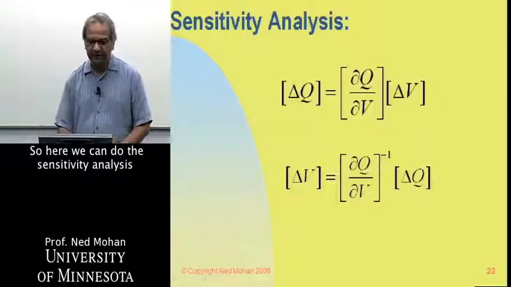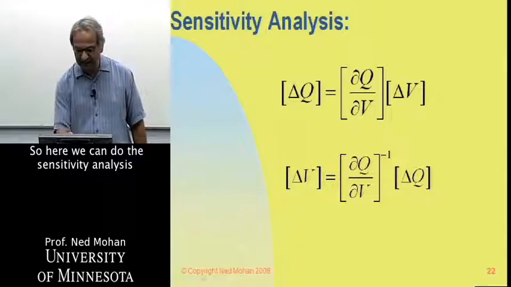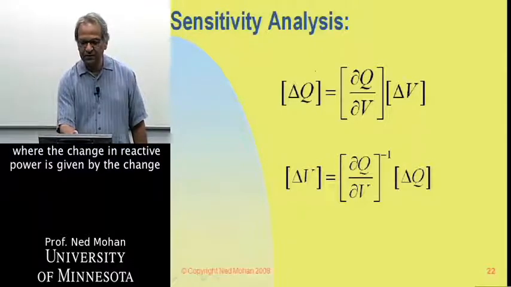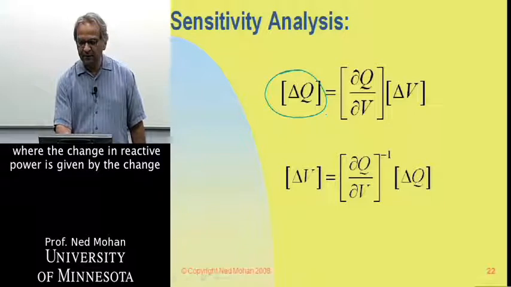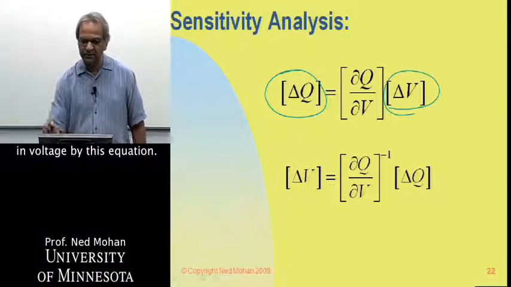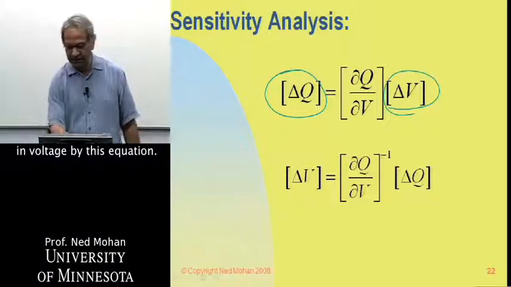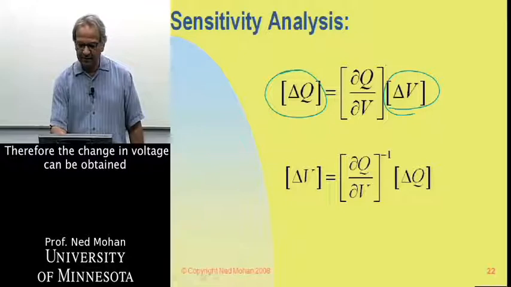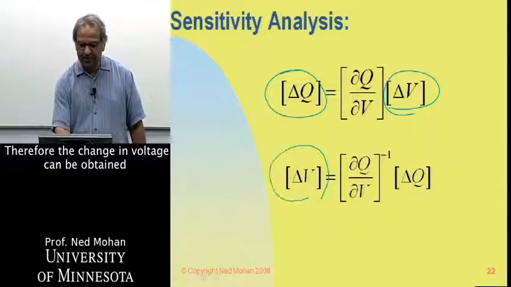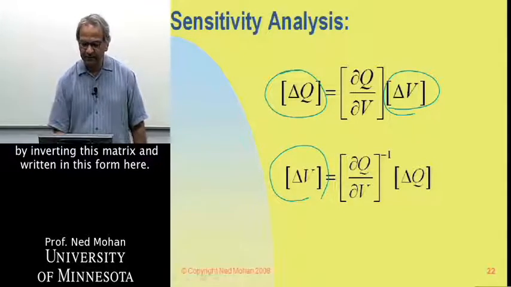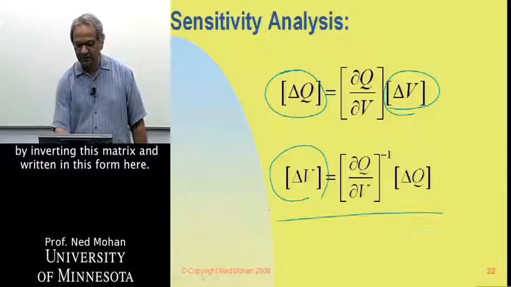So here we can do the sensitivity analysis where the change in reactive power is given by the change in voltage by this equation, and therefore the change in voltage can be obtained by inverting this matrix and written in this form here.